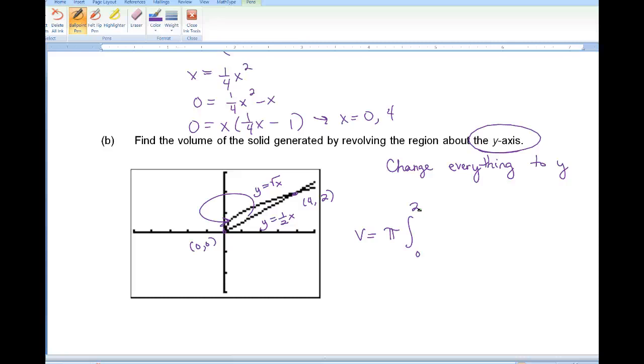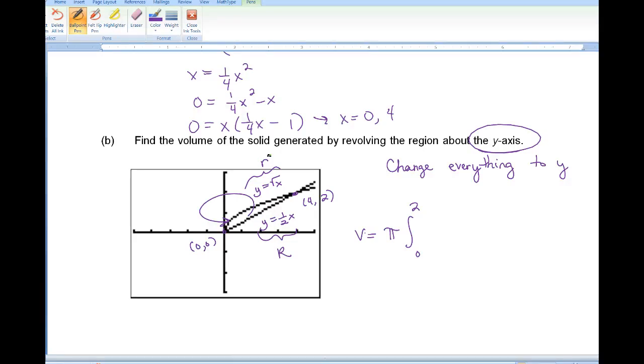Which one is further from the y-axis? The 1/2 x. So this is my big R, sorry, I meant big R. And this one is little r. This one's further away from the y-axis, this one's closer. Big R is always bigger, further away.